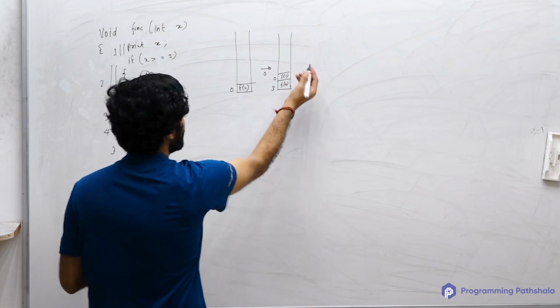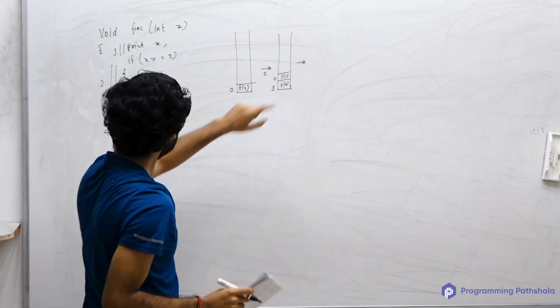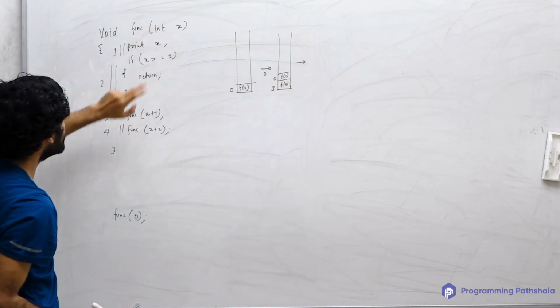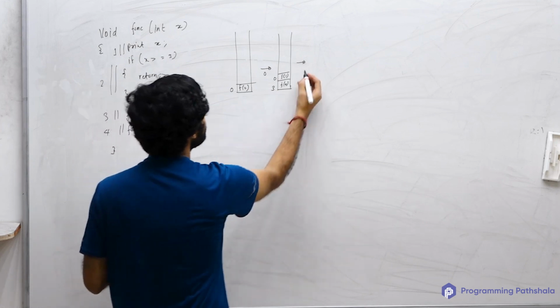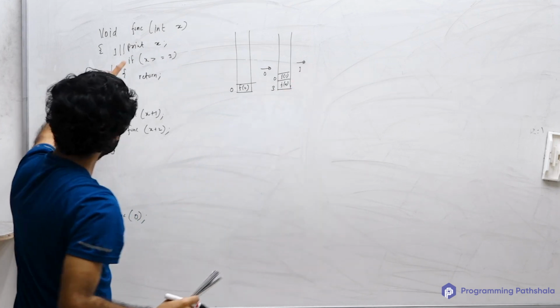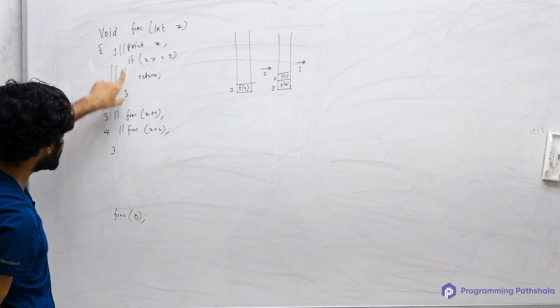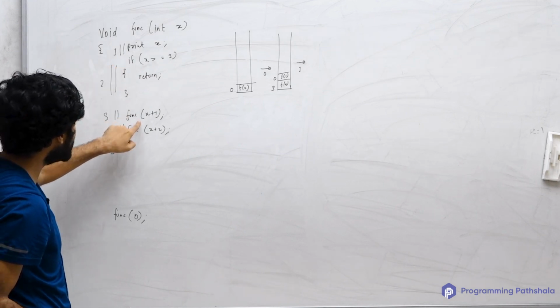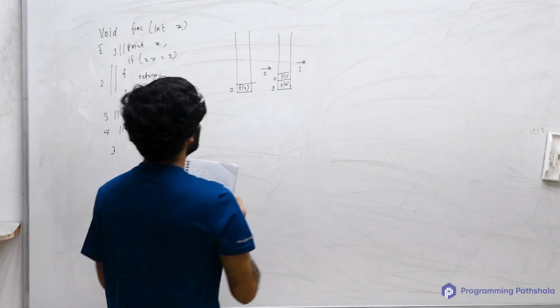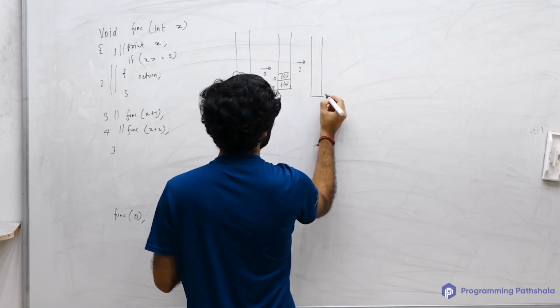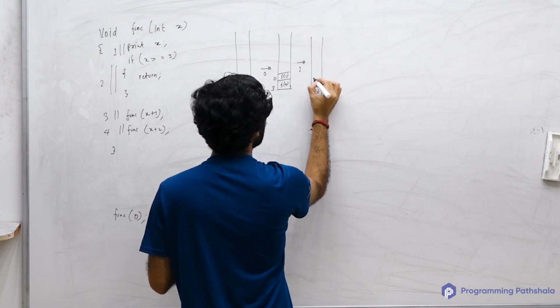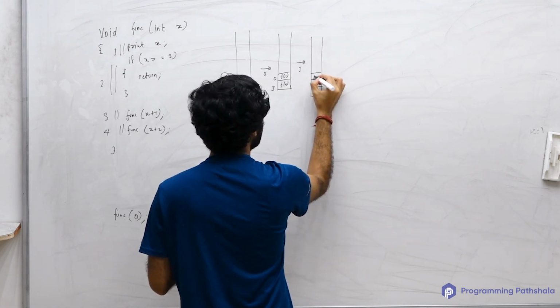Now f of 1 will start executing. For f of 1, what is the first thing it will do? It will print the value, which is 1. Now it will come to this if condition. For 1, this condition is false, so it will invoke f of 2. Now the top of my stack will contain f of 2.